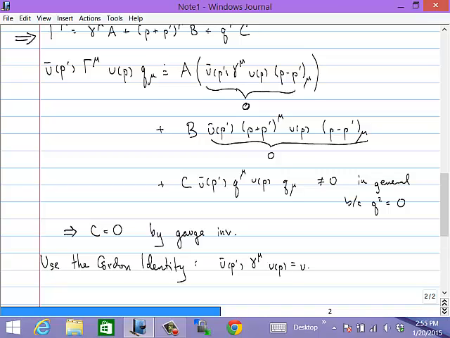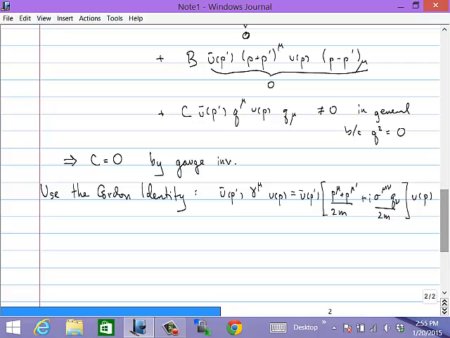You can rewrite it as u bar of p prime times, let's call it, (p mu plus p mu prime) over 2m plus i sigma mu nu q nu over 2m, all times u of p.